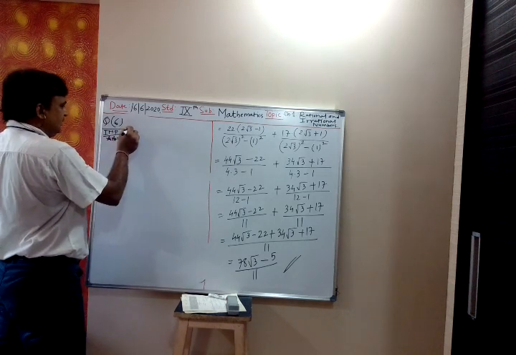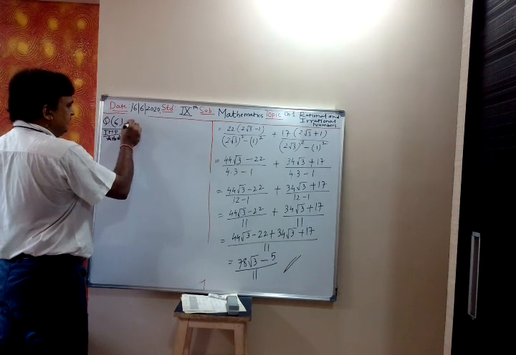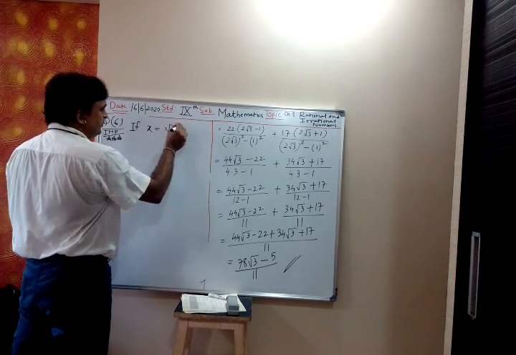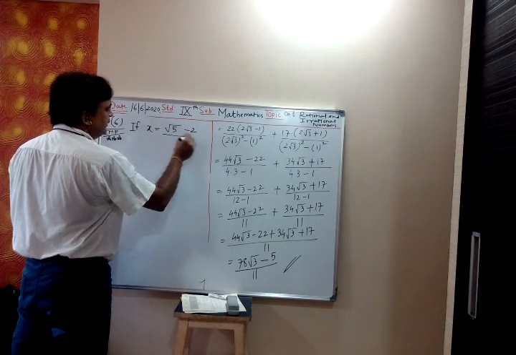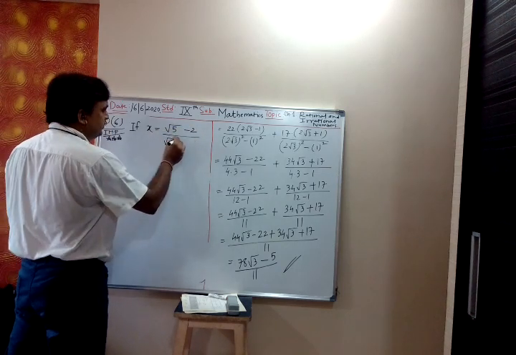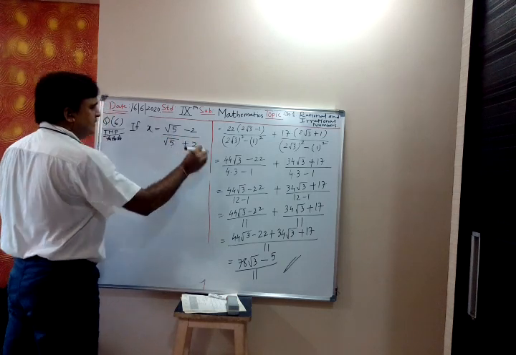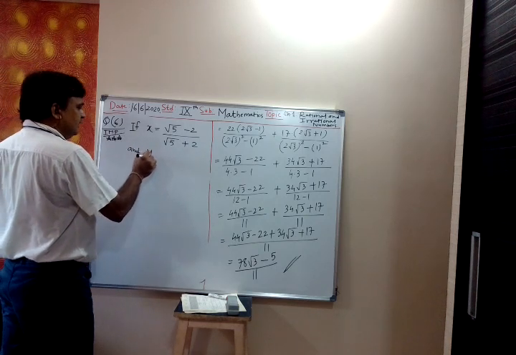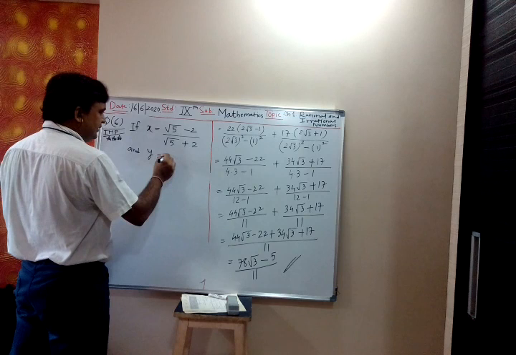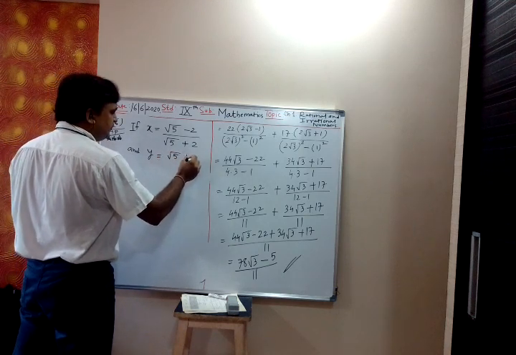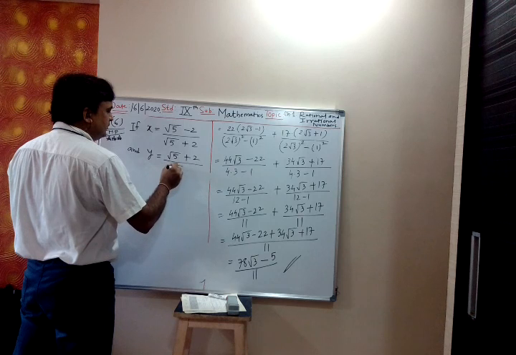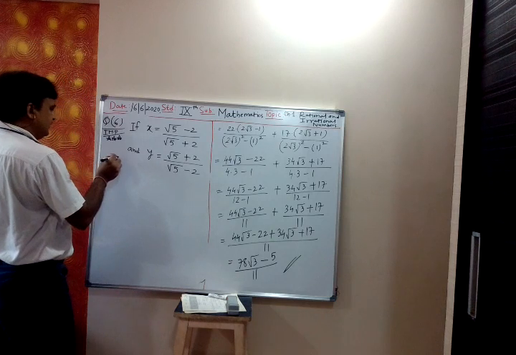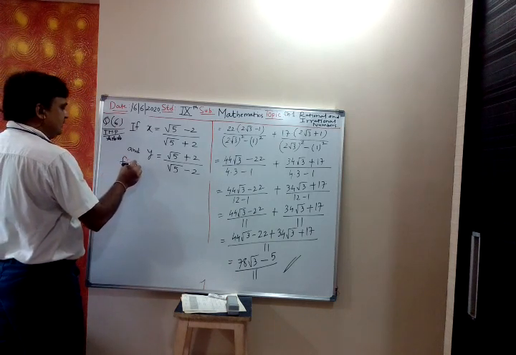If x is root 5 minus 2 upon root 5 plus 2, and y is root 5 plus 2 upon root 5 minus 2, then find the following.